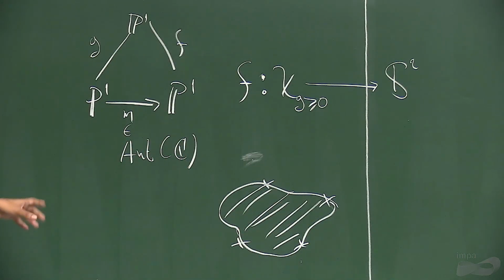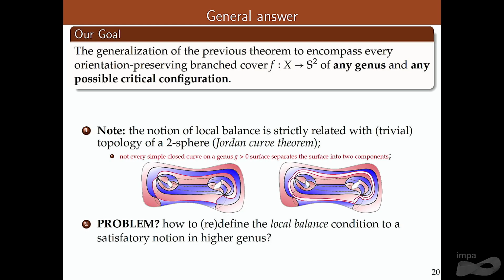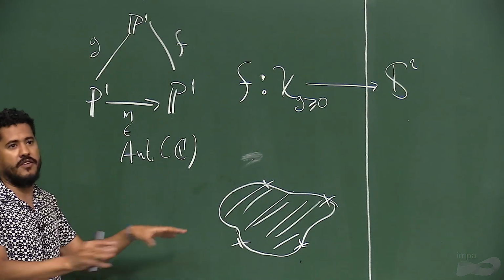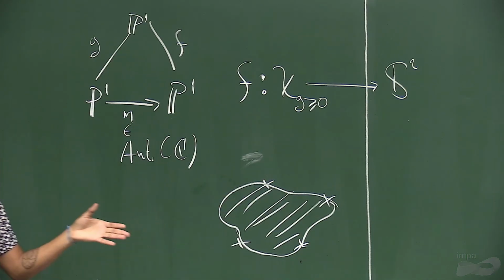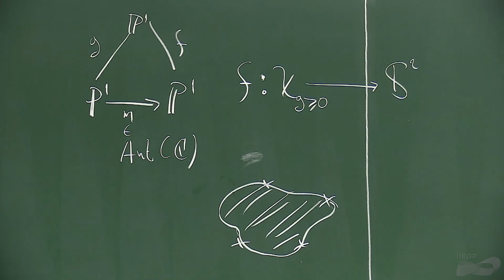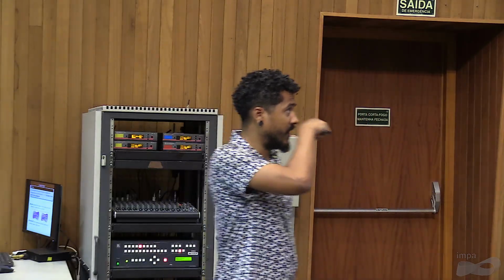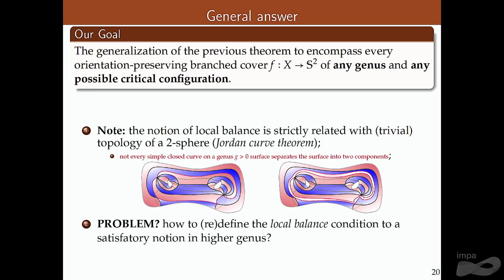But on a surface of higher genus, a simple curve does not always separate the surface into two parts. So you are not allowed to count or distinguish. Okay. So the problem is how to generalize the local balance condition to higher genus.